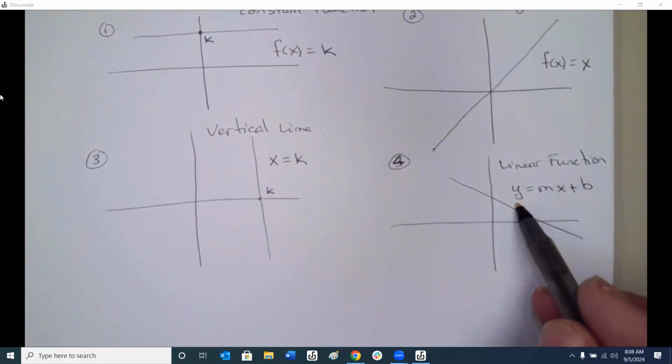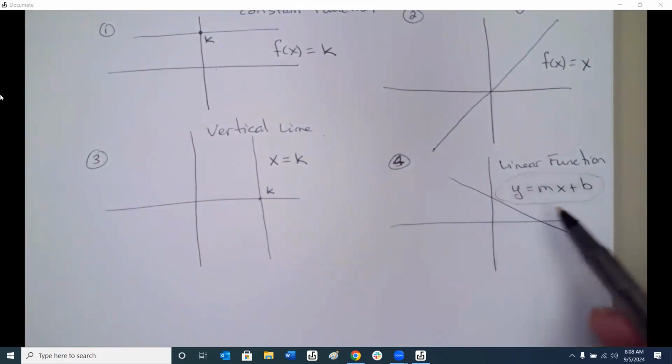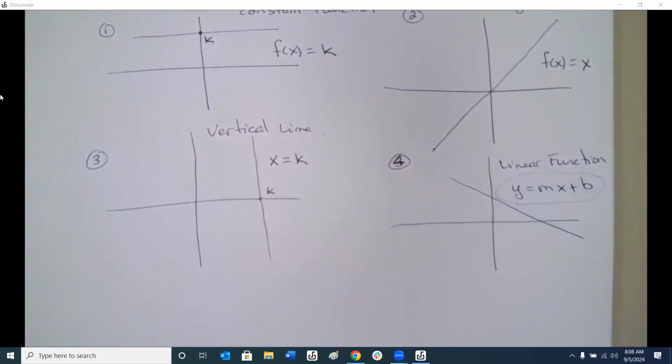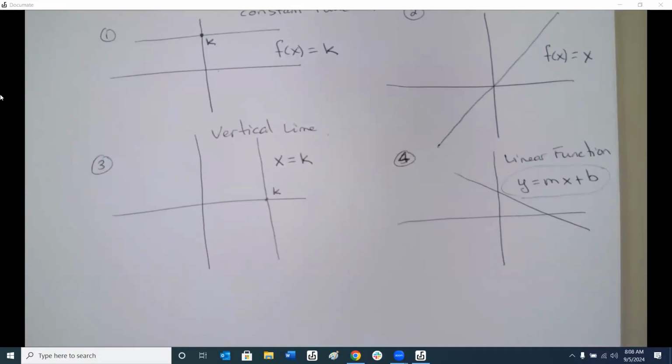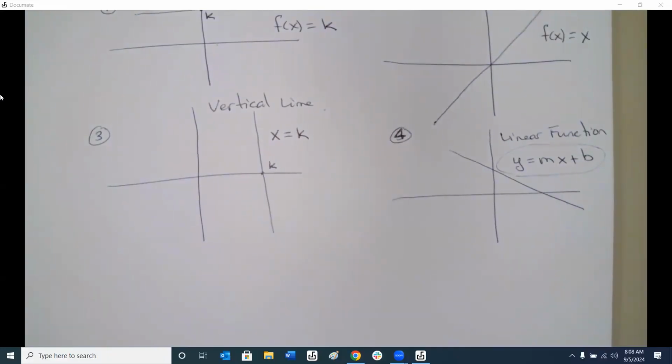When people say linear functions, this is usually the formula they think about. y equals mx plus b. And that's what we're going to spend a lot of our time talking about.